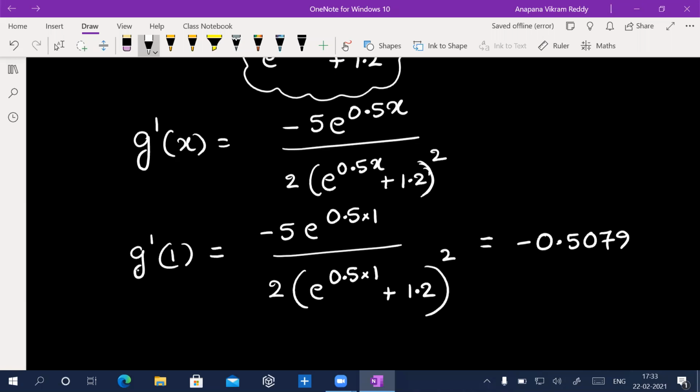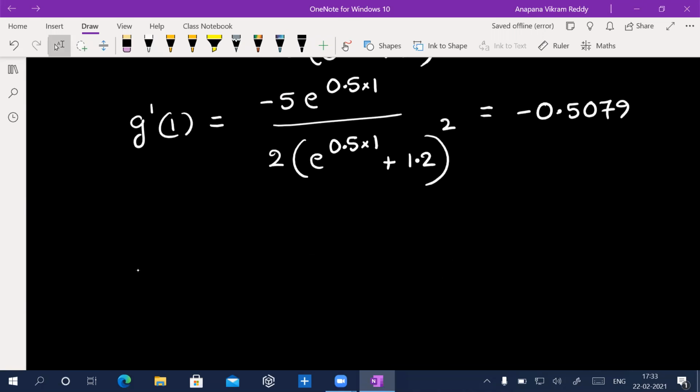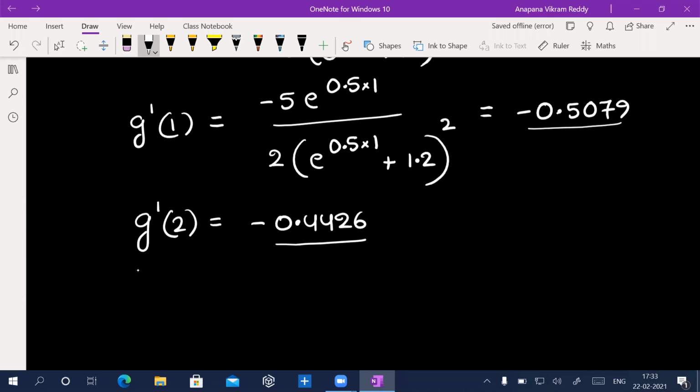Now directly we can write, okay? The derivative of g of x at x equal to 2 is minus 0.4426. So now we are blissful, okay? So g prime 2 is this and g prime 1 is this.